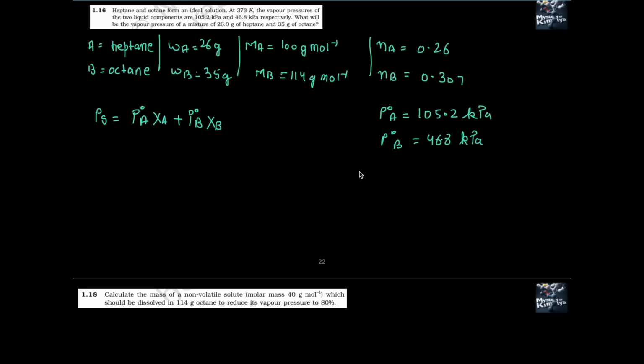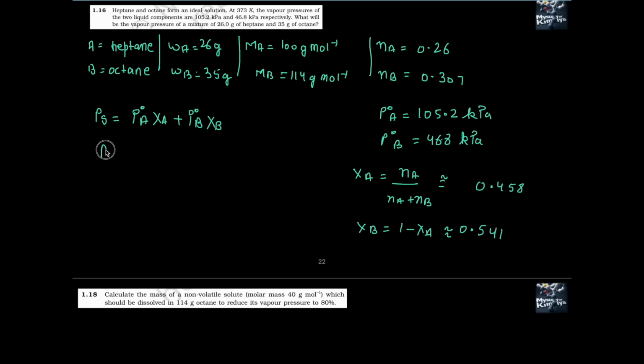Mole fraction of A would be equal to moles of A divided by moles of A plus moles of B. Approximately, mole fraction of A you will get 0.458, and mole fraction of B you can easily find out by 1 minus mole fraction of A, and it will be approximately 0.541.